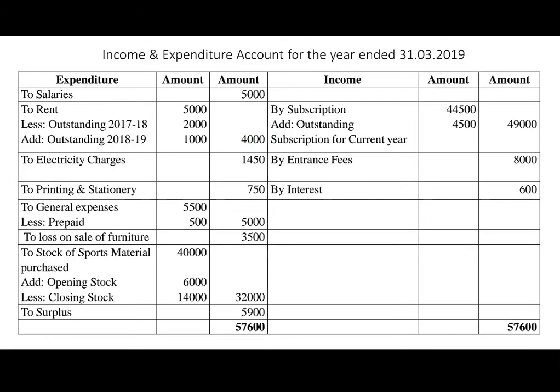Again, outstanding rent is of the current year, so its second effect will go somewhere. Can anyone tell me? Outstanding rent of the current year has two effects, so where will you show the second effect?